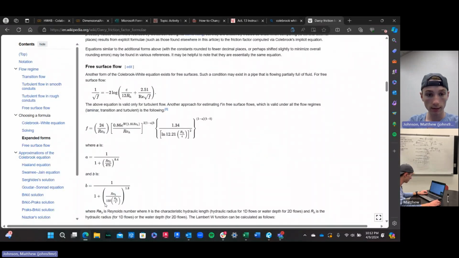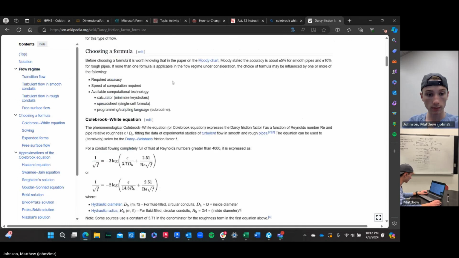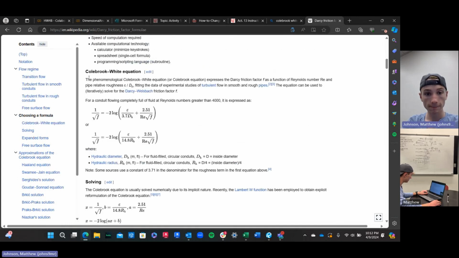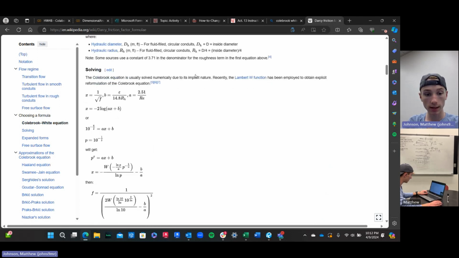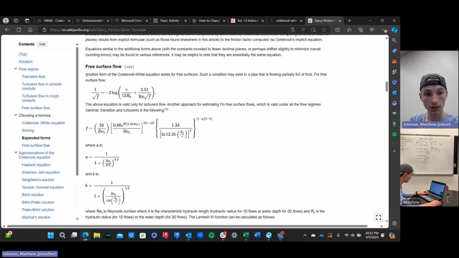And I've got here the Colebrook-White equation. It expresses the Darcy friction factor as a function of Reynolds number, and then we have the free surface flow. This is the one we're interested in. So we're going to be using this expression here.